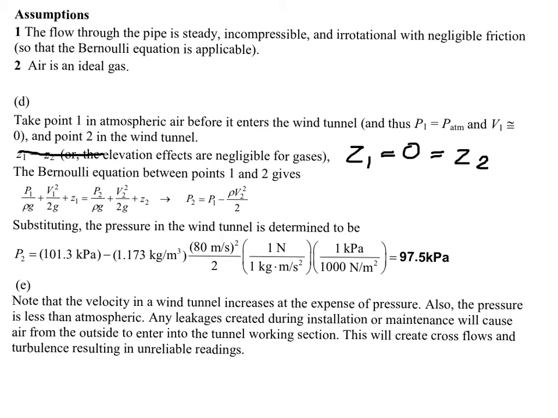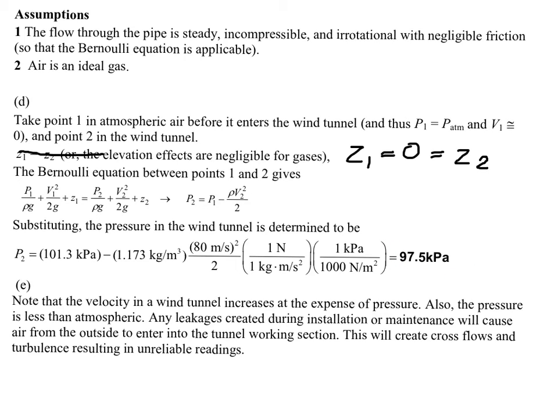Now the last part is quite significant. You're asked to discuss why sealing of the working section to prevent air leakages is an important design and maintenance consideration for this wind tunnel. Appreciate that the pressure within the tunnel is less than atmospheric pressure.